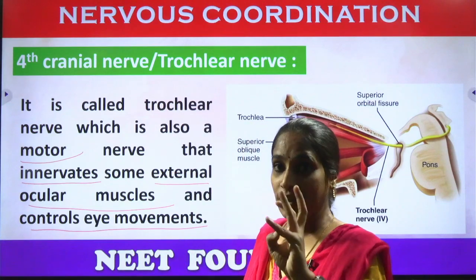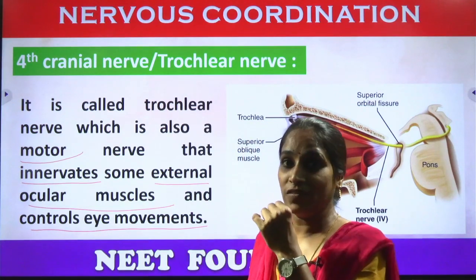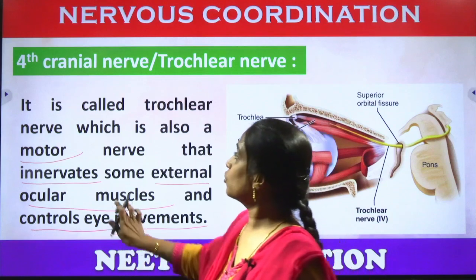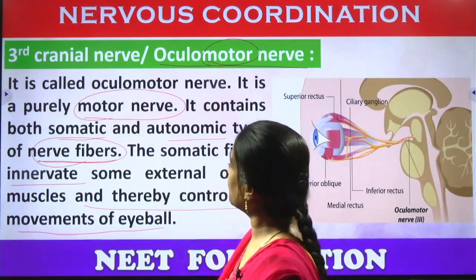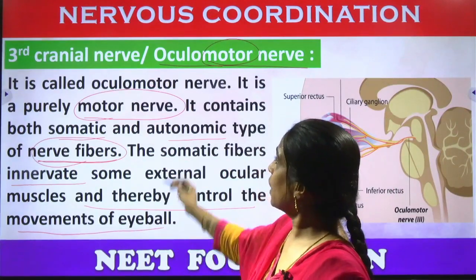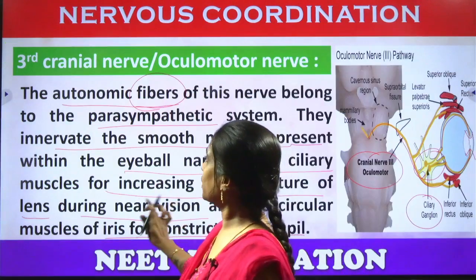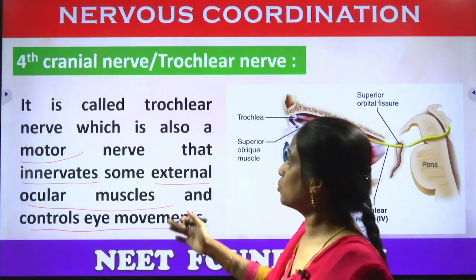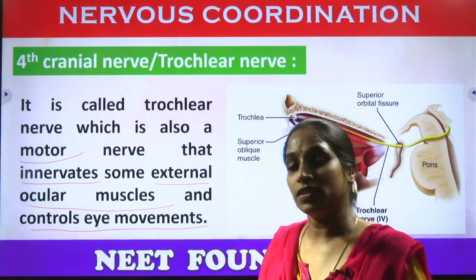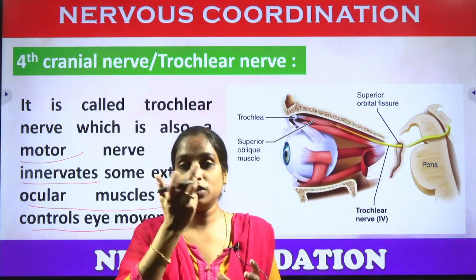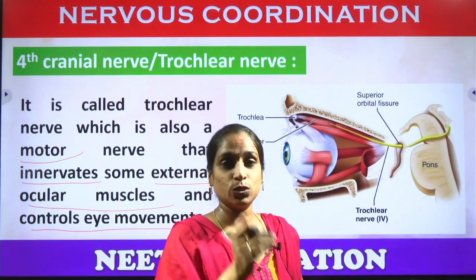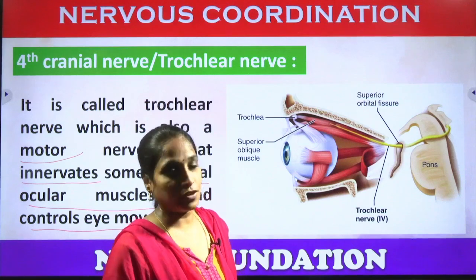In the previous one also we discussed a nerve. What is the nerve which controls the eye movement? Movement of the eyeball is the oculomotor nerve. So this is also responsible. The fourth cranial nerve is also responsible for movement of the eyeball, being attached to the muscles of the eyeball.